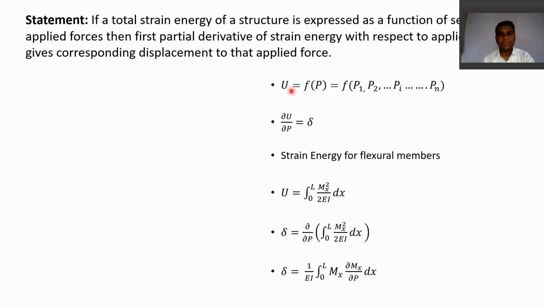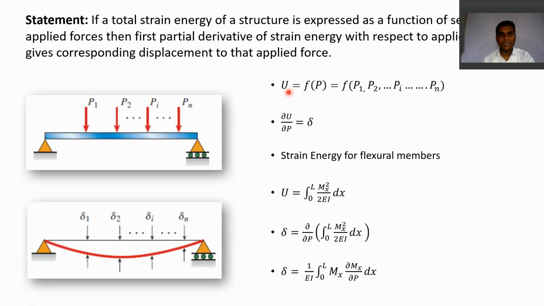That means if we have the equation of U, the total strain energy of a structure subjected to different forces, expressed as a function of applied forces like P1, P2, Pn and so on, then when we take the partial derivative of the strain energy with respect to an applied force, it gives the displacement at that particular applied force.